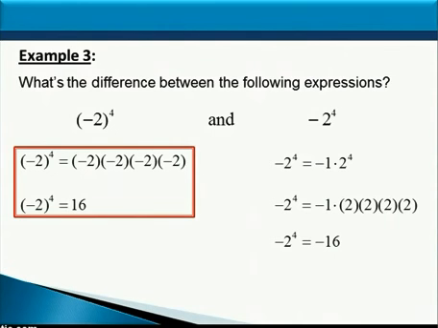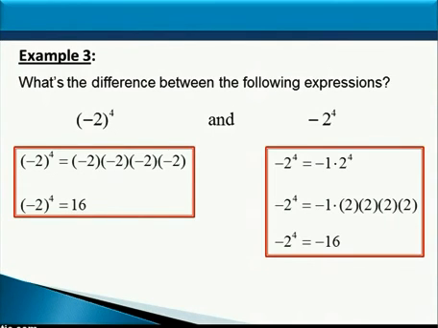So we end up with negative 16. So notice that one of these expressions gave us a positive 16 as a result, and the other one gave us a negative 16. So you have to be really careful to make sure you understand if there's parentheses, it will make a difference oftentimes in the final answer that you obtain when you simplify that expression.